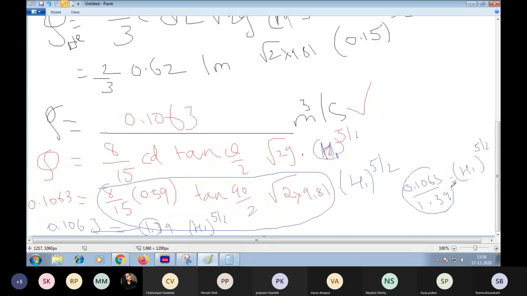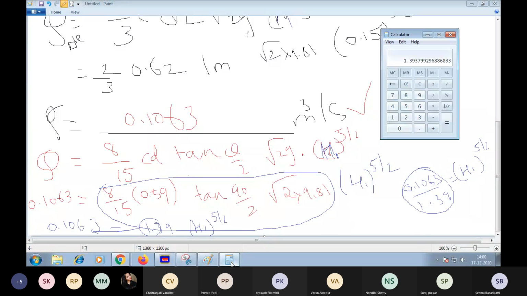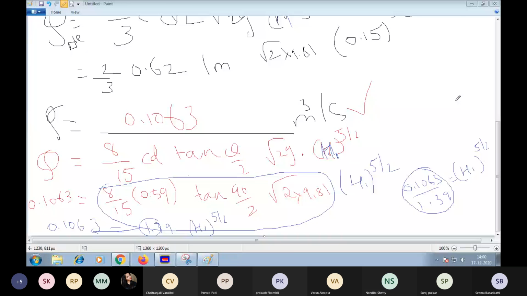This ratio is equal to how much? 0.0762. Okay, 0.0762 equal to h1 raised to 5 divided by 2.